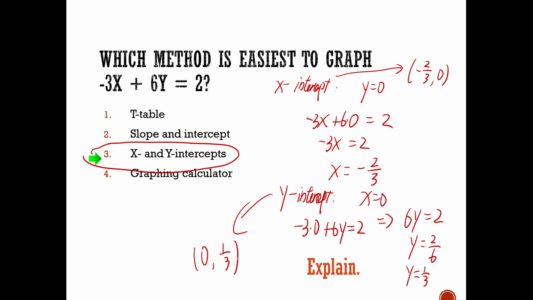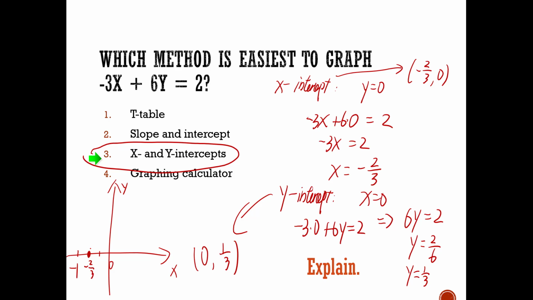Alright, so let's quickly draw the graph here. The x-intercept is located on the x-axis. Let's say this is negative 2/3, where we mark 3 equal parts. Negative 2/3 goes here, so that's the first ordered pair, the x-intercept.